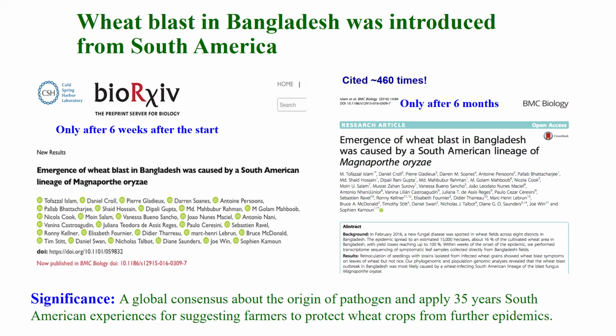It was very helpful because South American scientists and farmers had been fighting for 33 years. So we invited them and learned their knowledge, and then we took the policy decision. As a result, no later epidemic happened. This was the value of basic research.